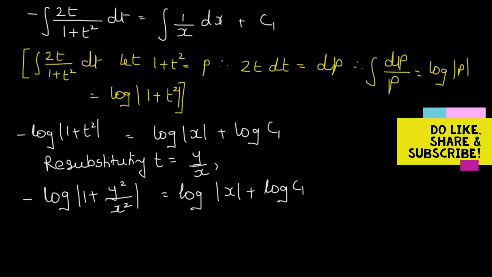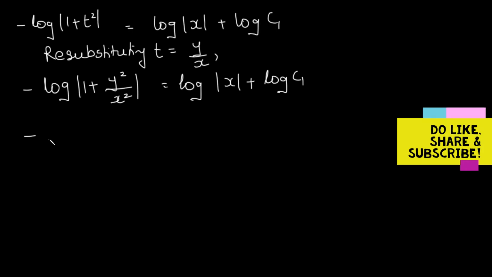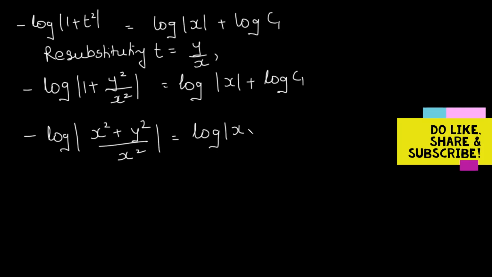Then in the next step, on the LHS we equalize the denominator first. So minus log mod of x square plus y square upon x square. Now we separate out the logs.